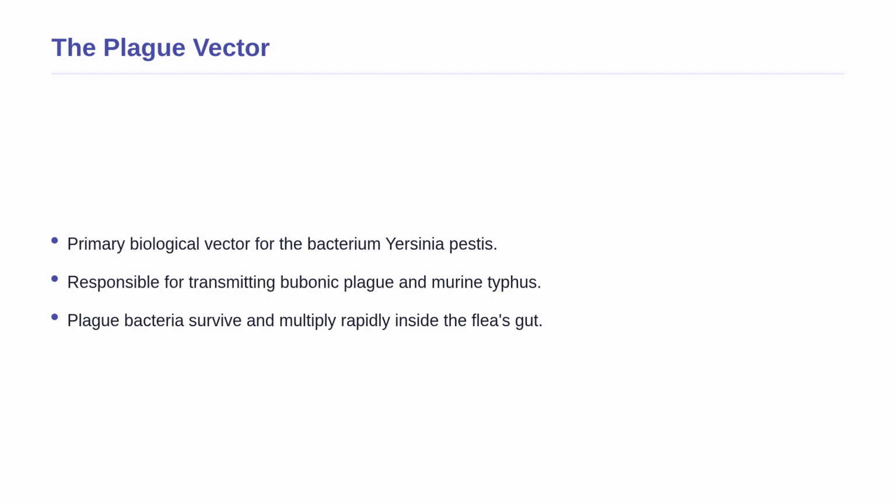When this flea feeds on an infected rat, it ingests these pathogens. Instead of being digested, the plague bacteria survive and begin to multiply rapidly inside the gut of the flea, setting the stage for a gruesome biological mechanism.